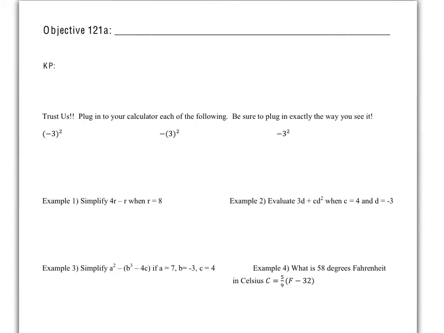Alright, so we're doing objective 121 today, which is solving using substitution. One of the most important things that we're going to do when we solve using substitution today is use parentheses. So the key point that I want you to remember today is this.